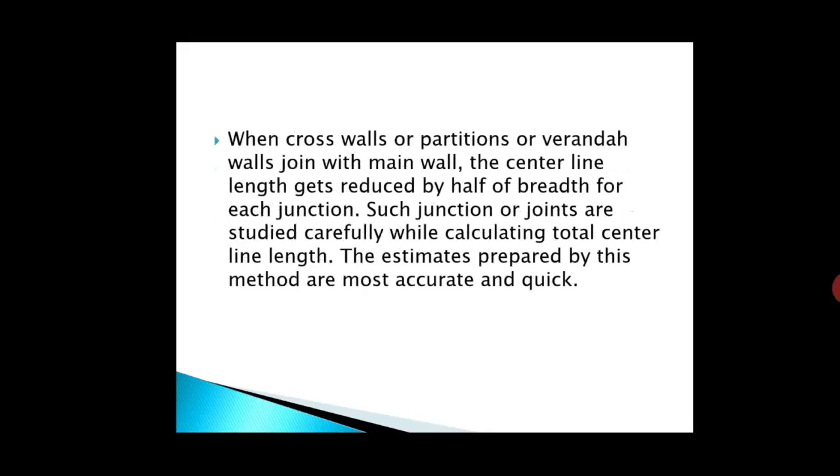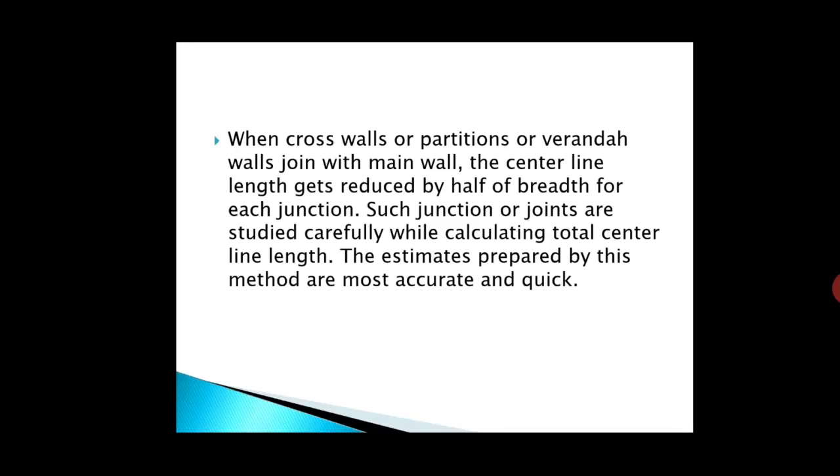And in this method, when there is presence of a cross wall or partition wall, then from the total center line length you have to subtract half of the breadth for each junction.